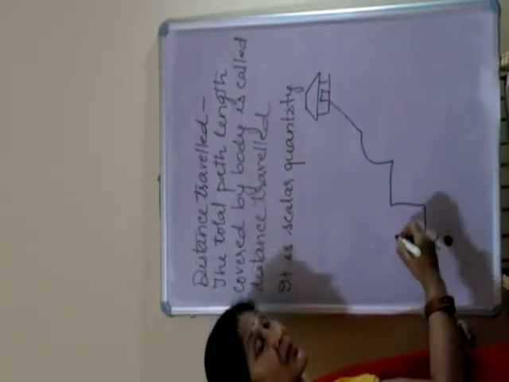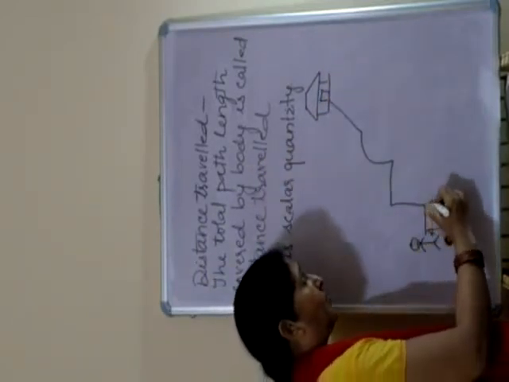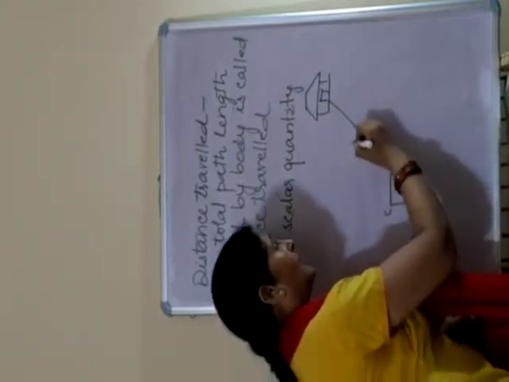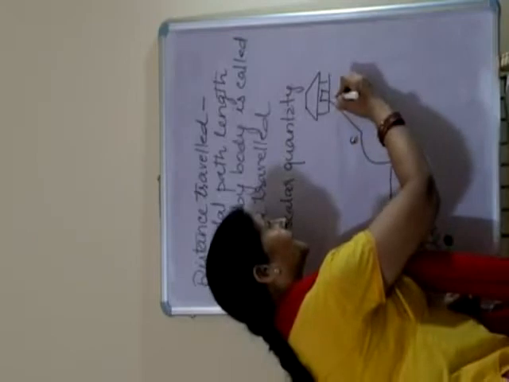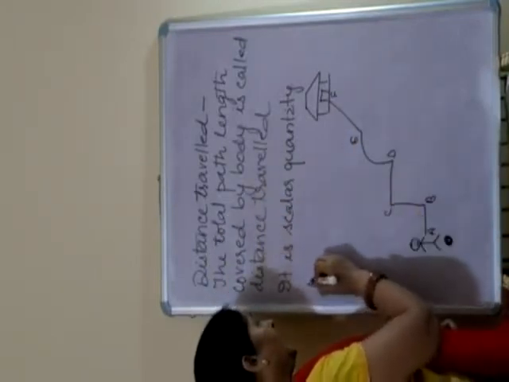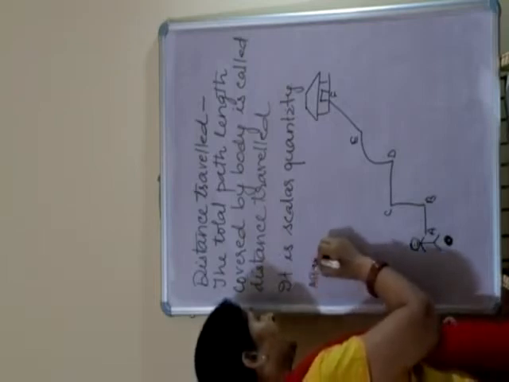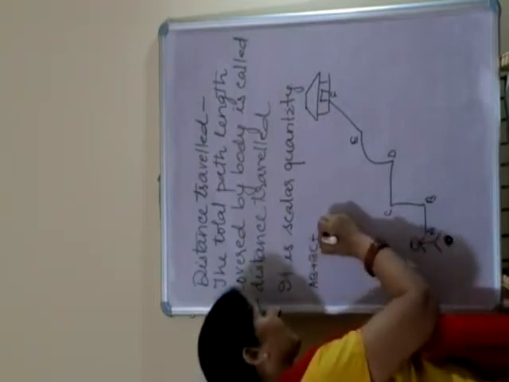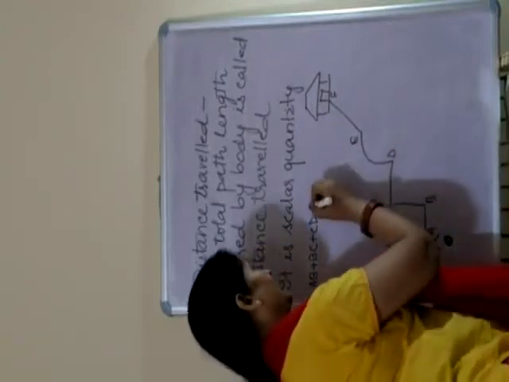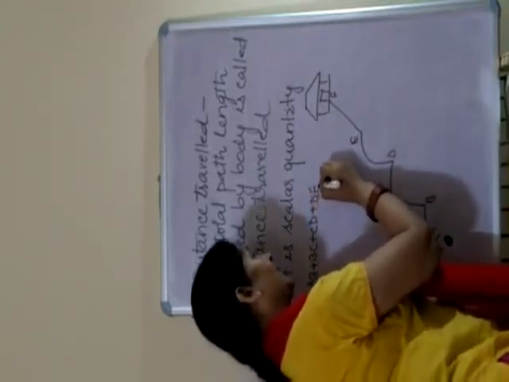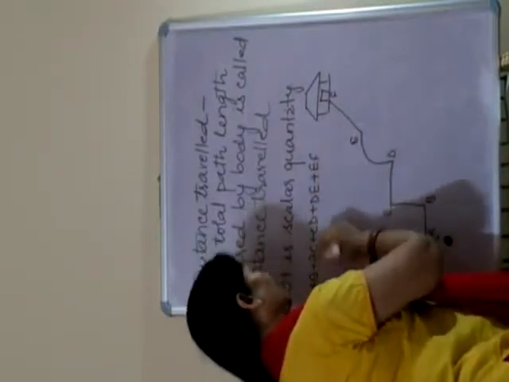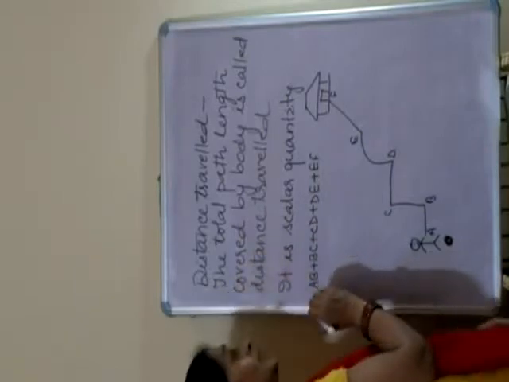This path, A to B, then C to D, E, F. The total path length will be AB plus BC plus CD plus DE plus EF. This total path length is called distance traveled.